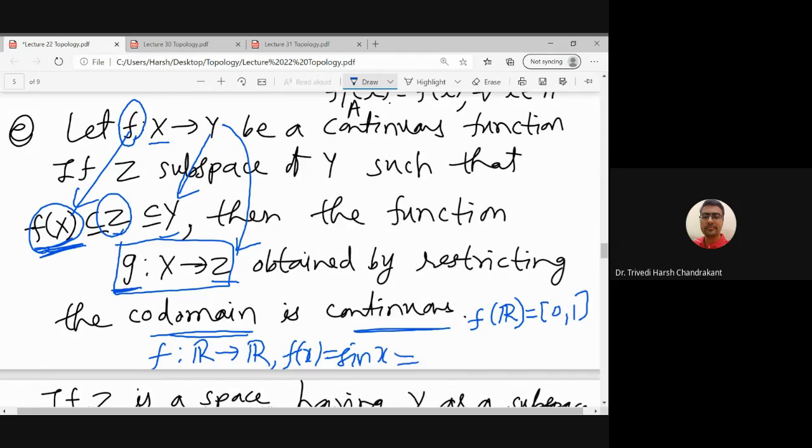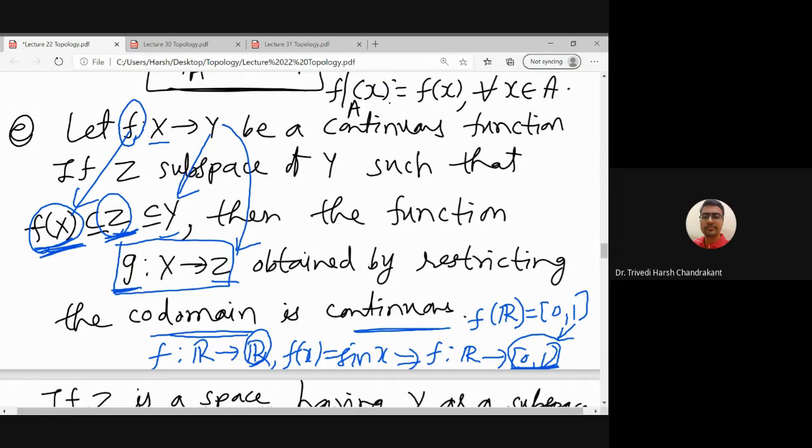So if I consider the same function f from R to the closed interval, by restricting the codomain to the range or any set which contains the range, then this function will also be continuous.